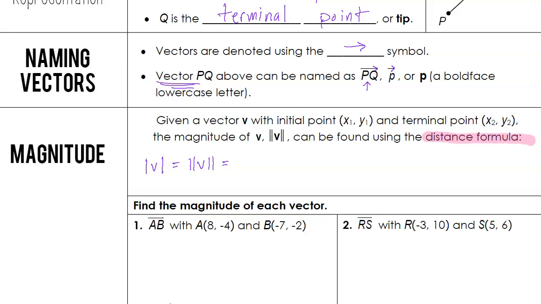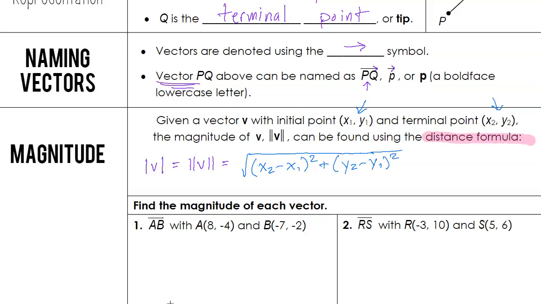All right. The distance formula is how you can find length of a line. Now, the more tricky part is remembering what the distance formula is. So if these are our 2 points, x1, y1, x2, y2, the distance formula is the square root of x2 minus x1 squared plus y2 minus y1 squared.